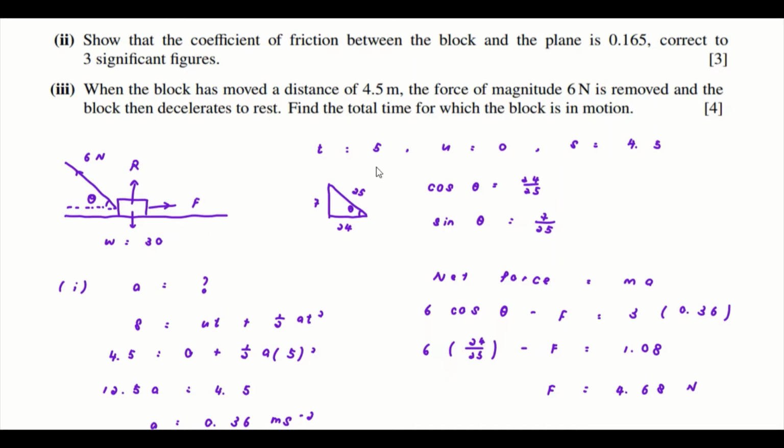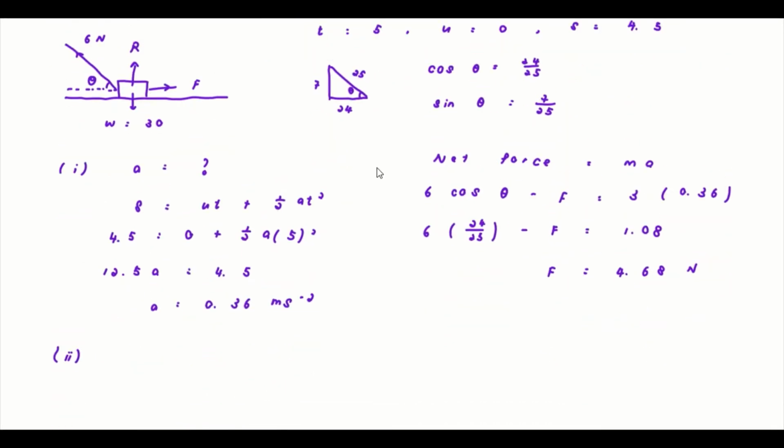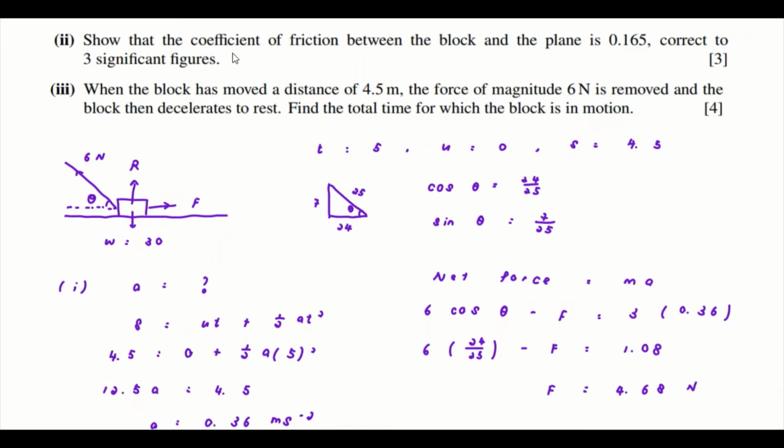Okay, so now let's look at part 2, show the coefficient of friction. Let's try to find our R first in this case. We have R plus 6 sine theta should be equal to the weight.